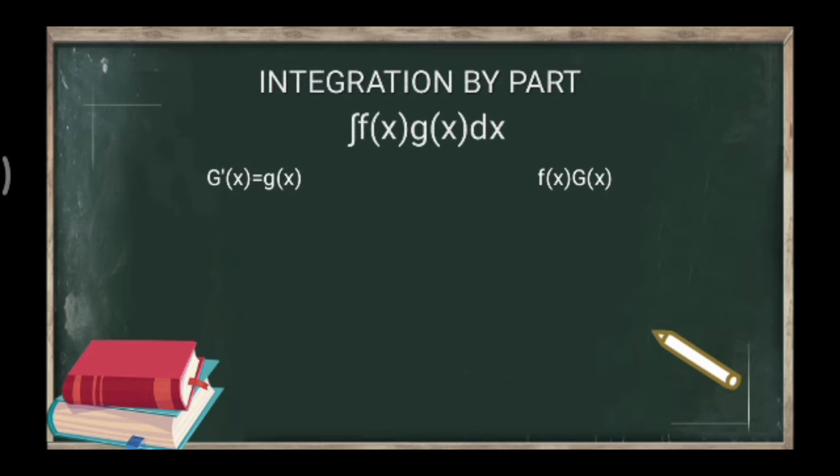So, the product rule for differentiating f of x, G of x. I'll start with a function that can be expressed as the product of f of x times function G of x. Now, let's take the derivative of this function.